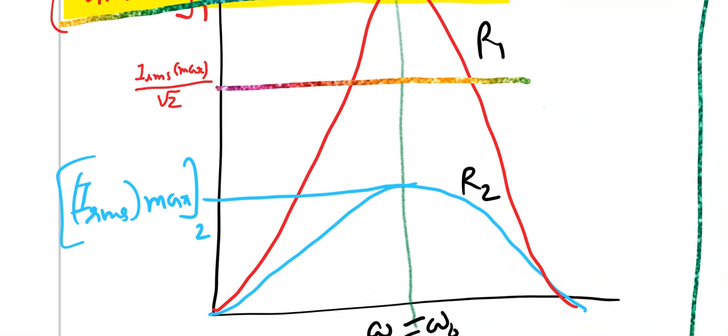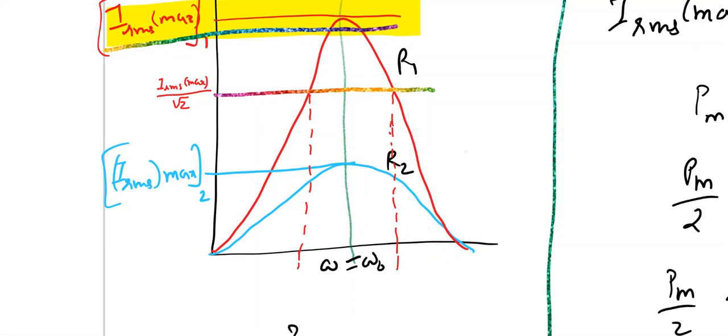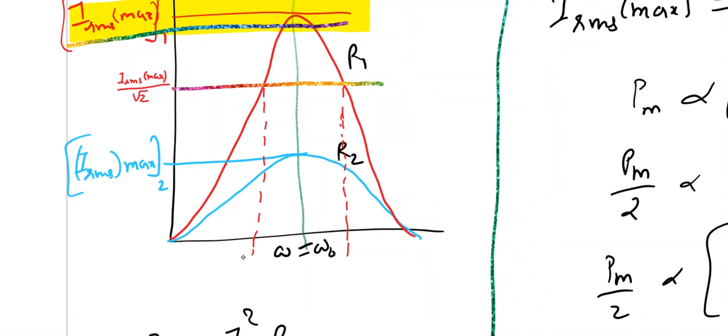It means that if I consider vertical lines, I realize that there are two values of omega. Let the values be omega 1 and omega 2.